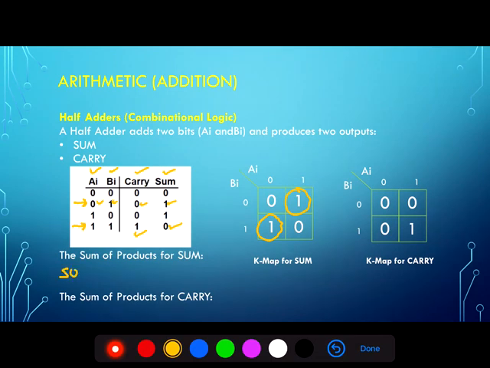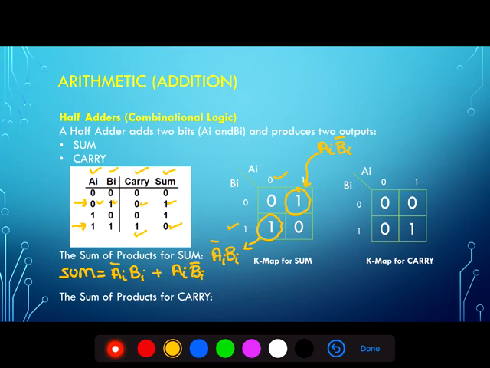Sum is simply equal to, from the map, this grouping, which will give us A_i' times B_i, and this grouping, which will give us A_i times B_i'. So our sum of products expression is A_i'B_i or A_iB_i'.